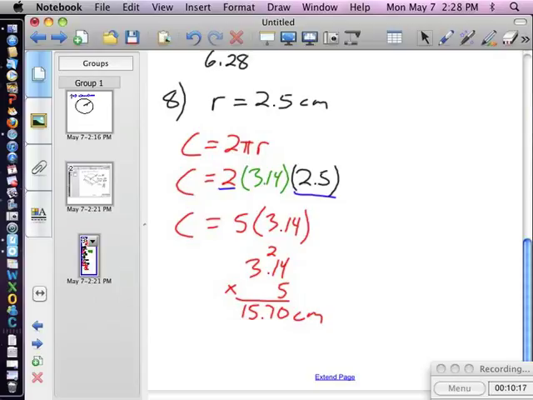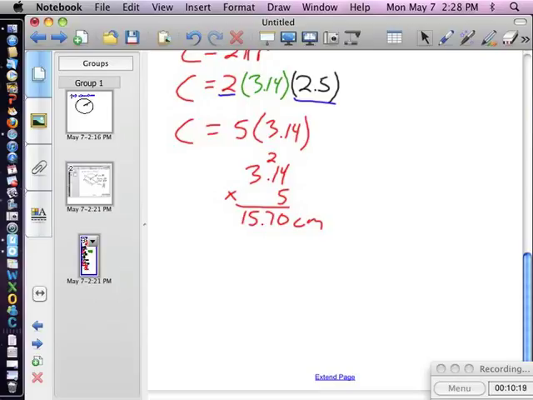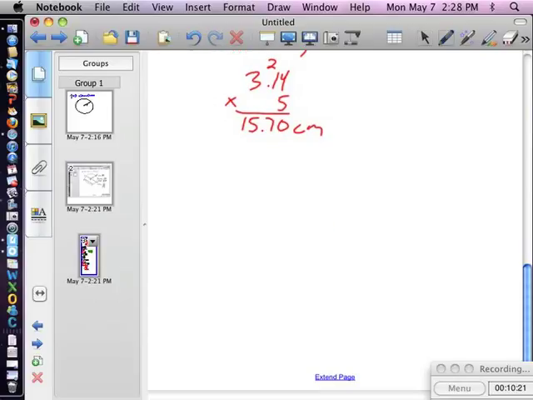What's nice about problem number 9, as I said, is that there are different approximations for pi. So problem 9 looks like 7 millimeters. And that's a radius, so we're going to use circumference equals 2 times pi times r.